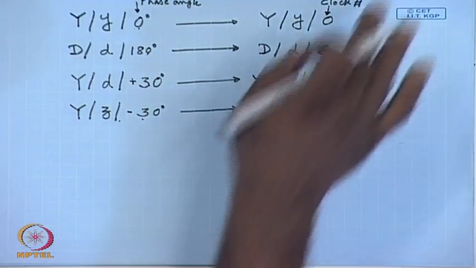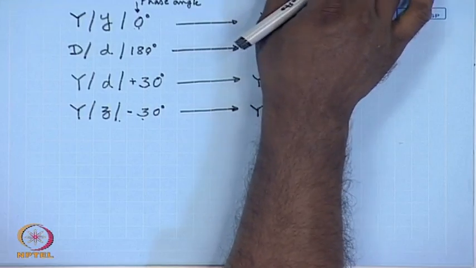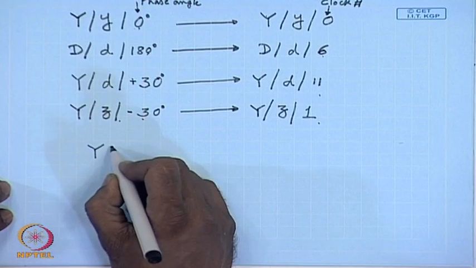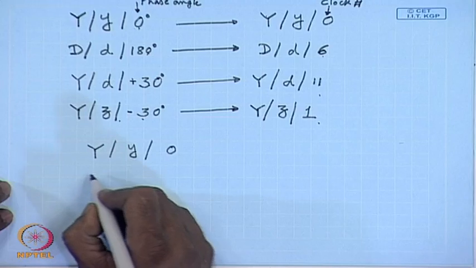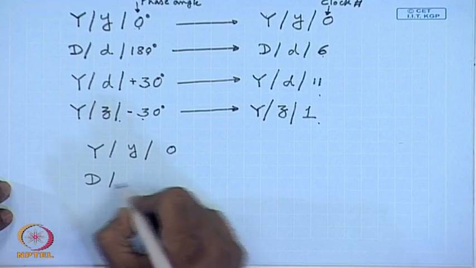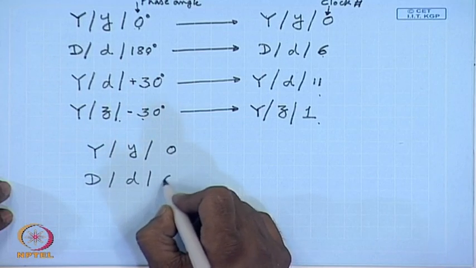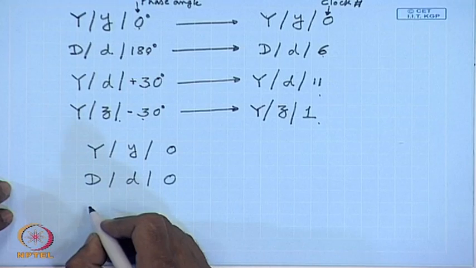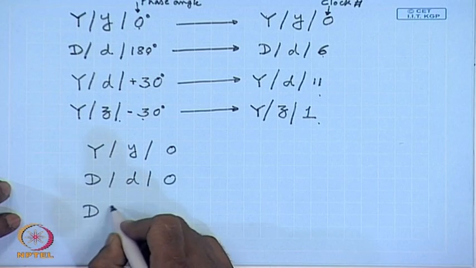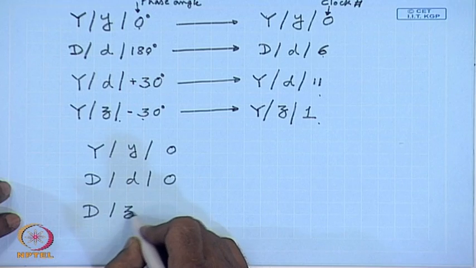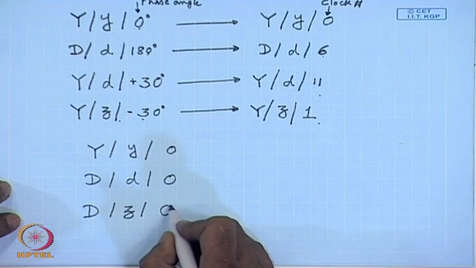Let us see what are the different combinations possible. For example, it is easy to understand that we can always have a Y 0, D 0 or D Z 0.